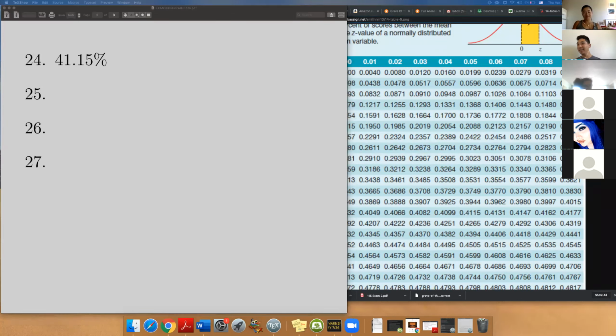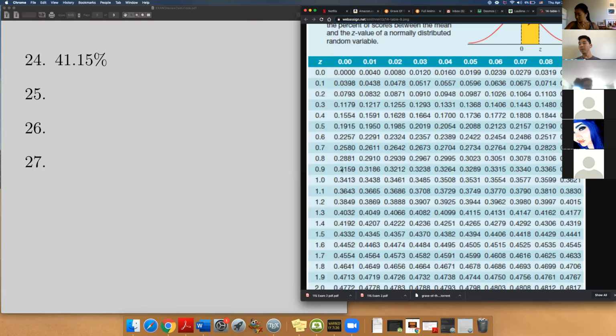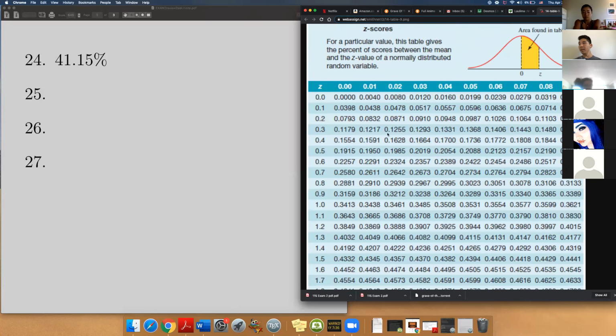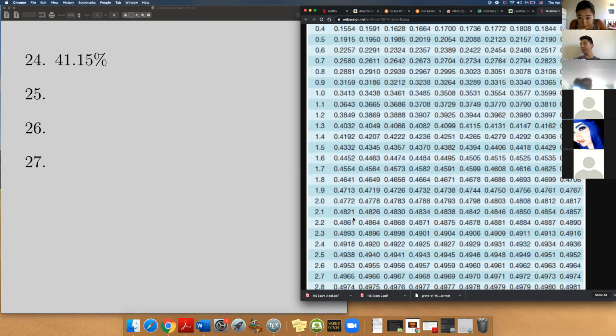Okay, 25. What's the z value? Negative 2.22. But if you look at our picture, it's symmetric. So from 0 to positive 2.22 is the same as from 0 to negative 2.22. So I can just look up the positive. 2.22 is right here, 48.68%.